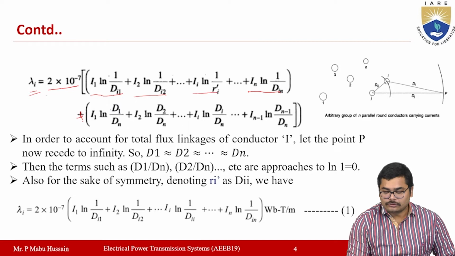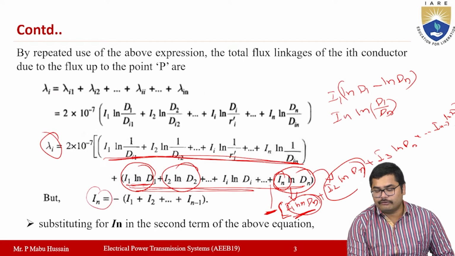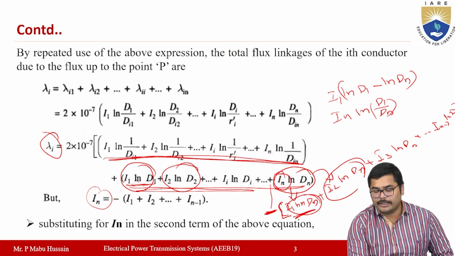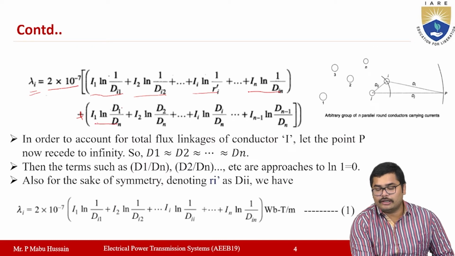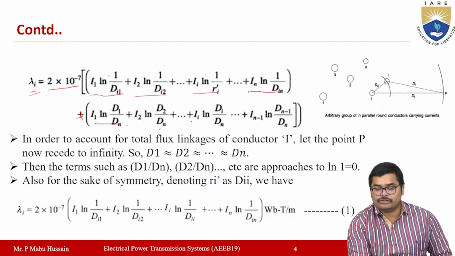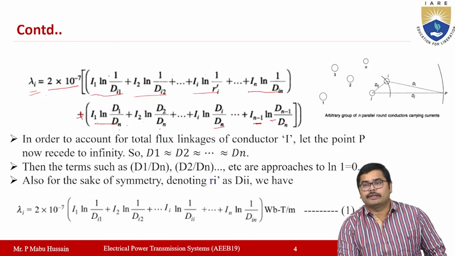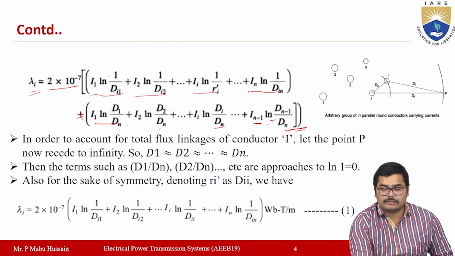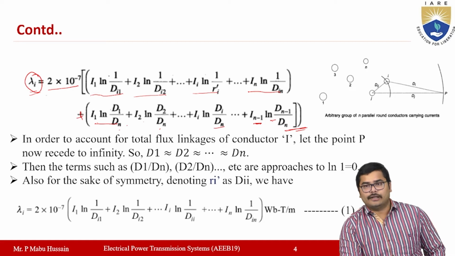Plus the second term, after substituting the value of In, becomes I1 into ln d1 by dn plus I2 into ln d2 by dn plus and so on, Ii into ln di by dn plus and so on, plus I(n-1) into ln d(n-1) by dn. So this is the flux linkages in the ith conductor due to the current flowing in all other conductors.